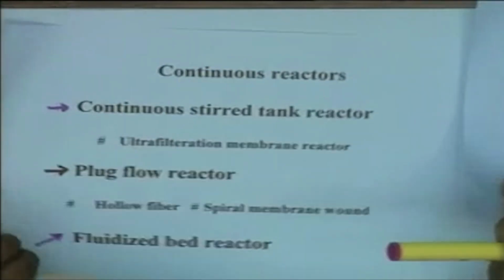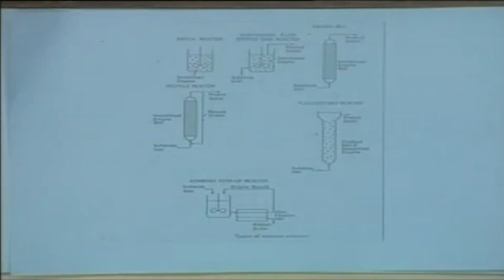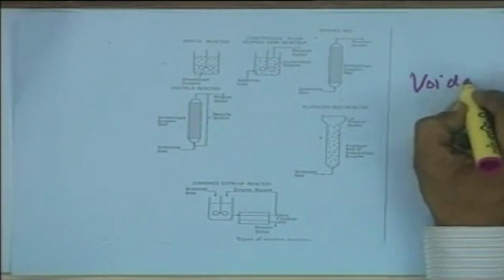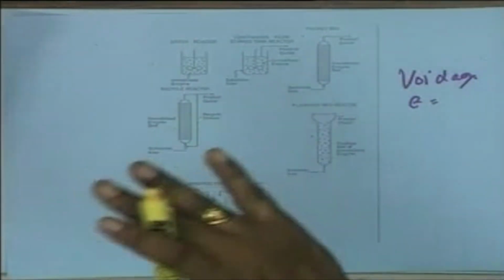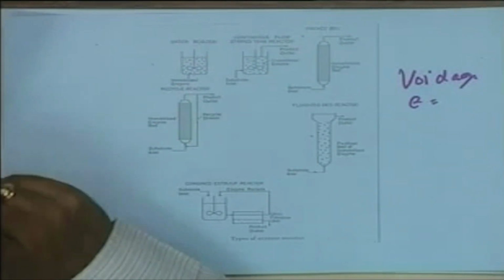Unlike in the case of a packed bed, where there is a static bed of immobilized enzyme particles, and the linear velocity of the feed is not large enough to disturb the bed, and the characteristic of the bed can be accounted for numerically by a factor called voidage, epsilon, which is essentially the void volume in the bed divided by the total packed bed volume.